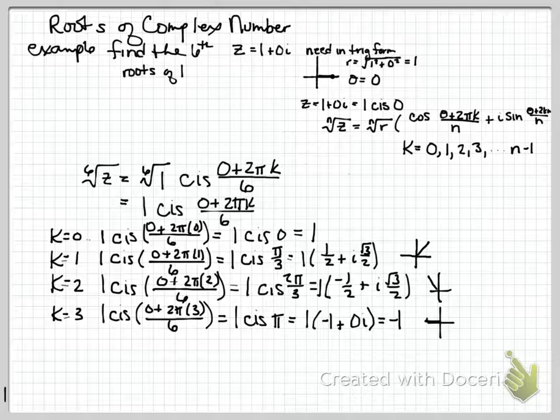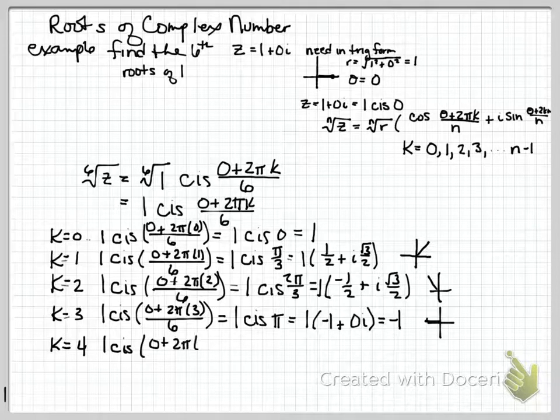Okay, we're almost done. Let's go to 4. Same thing, 1 CIS 0 plus 2 pi 4 over 6. Simplify it. It's 1 CIS. 2 times 4 is 8 over 6.